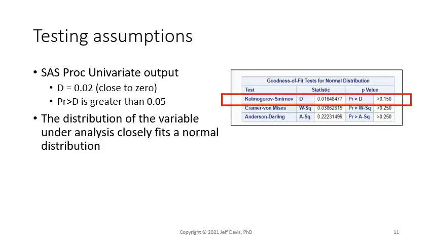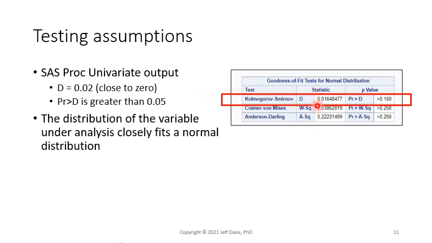As I said, right here is the Proc Univariate output. This is only a very small piece of it, the table that reads goodness of fit test for normal distribution. Again, we're looking at the Kolmogorov-Smirnov test, and we want to take note of the value of D, which is right here under statistic.